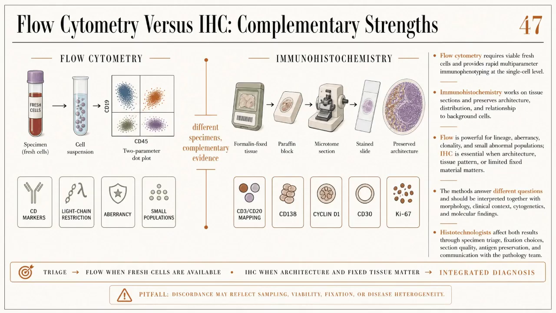By integrating flow cytometry's quantitative immunophenotyping with IHC's morphological context, pathologists achieve a synergistic diagnostic approach. This multi-parameter strategy enhances diagnostic accuracy, informs prognosis, and guides therapeutic decisions, such as selecting targeted therapies or determining the need for further molecular testing.